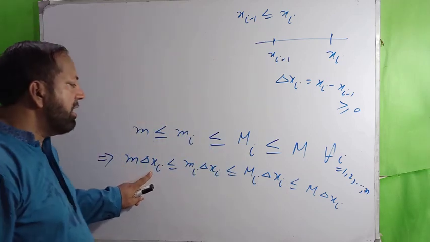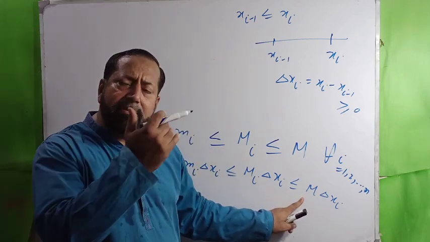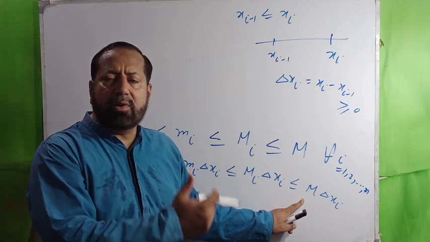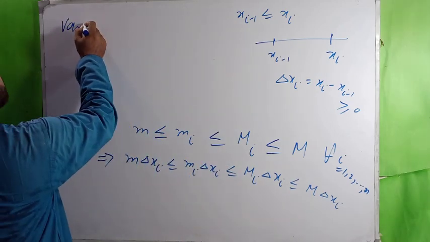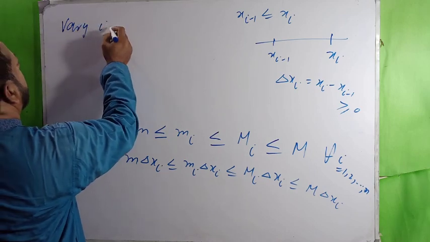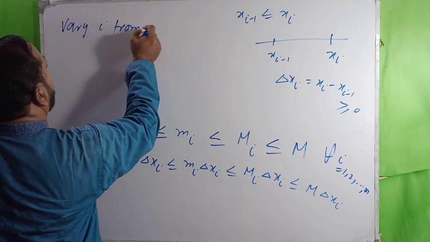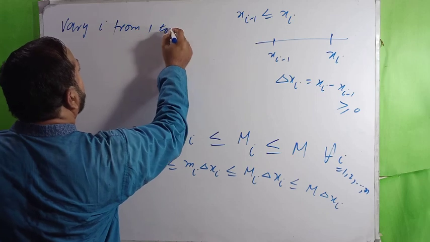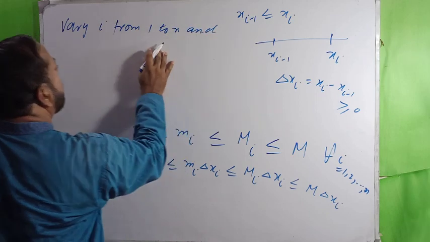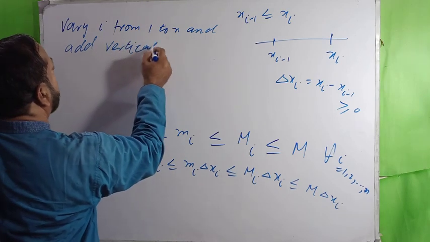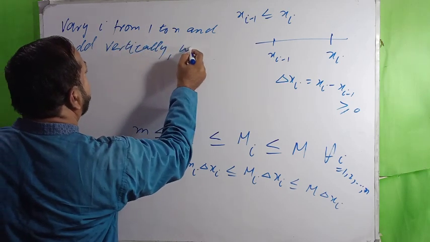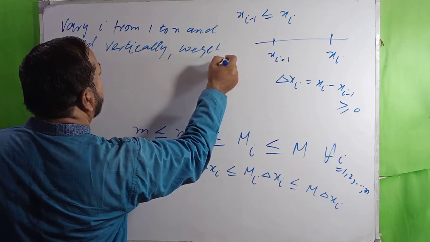Now you vary i from 1 to n and sum over all these inequalities. Vary i from 1 to n and add vertically, we get, what will happen?